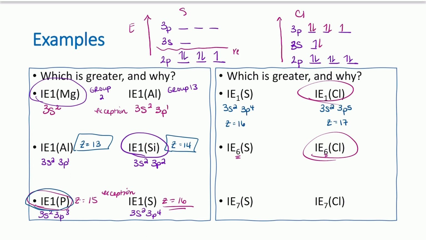Now you're removing a core electron. For chlorine, 1, 2, 3, 4, 5, 6, 7. All you've done is remove the last of its valence electrons. The 7th electron from sulfur is going to take more because it is an inner core electron.